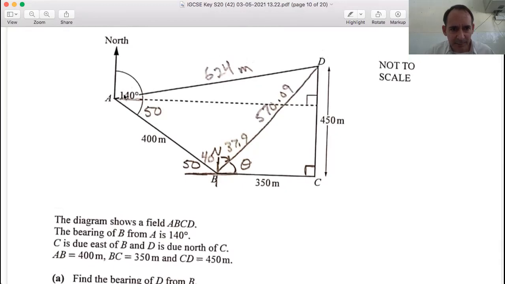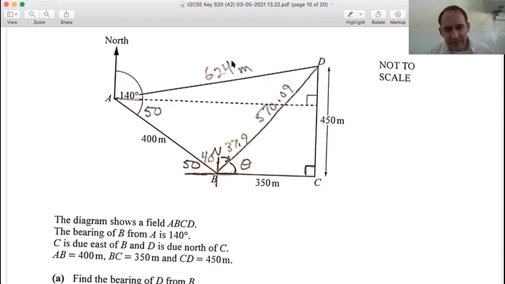So 140 minus this right angle here gives us 50 for down here, and this east and this east are parallel, meaning alternate interior angles are equal. And then since this is a 90, we can take 90 minus 50 and get the 40. Now the 40 and the 37.9 gives us a complete angle. So we don't have this little angle here. We don't have this angle over here, but we can figure out this one down here.